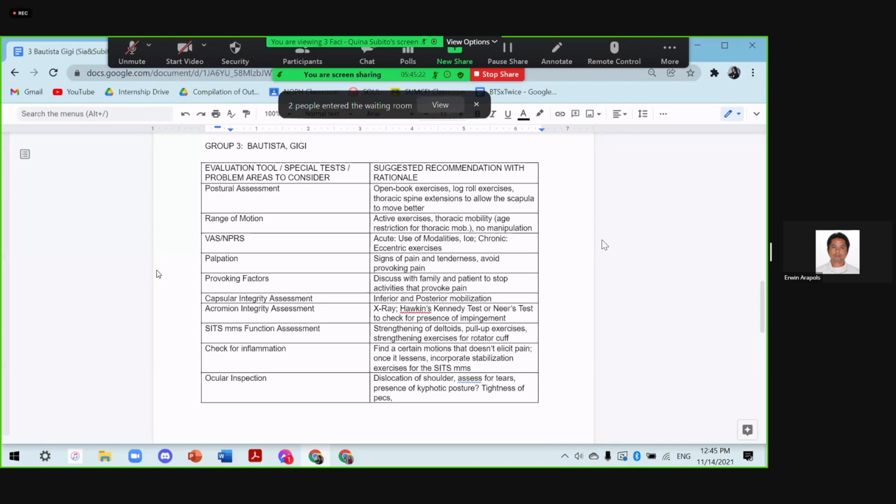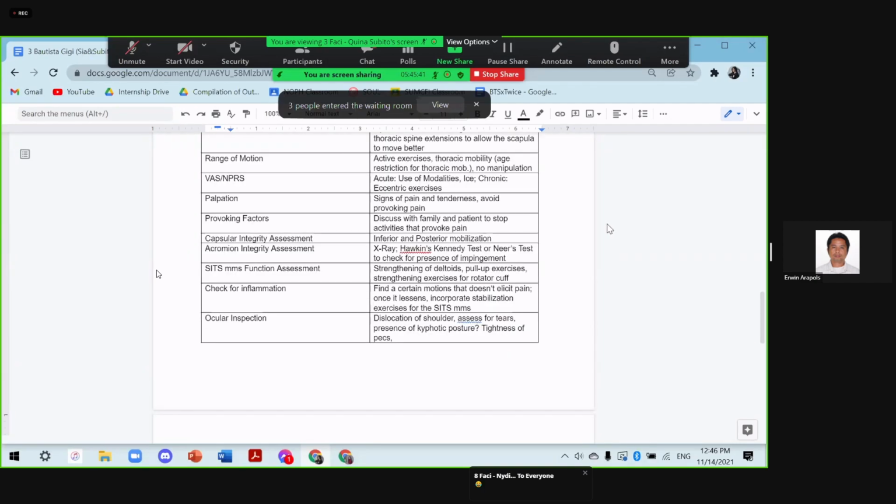For the range of motion, we will check for a painful arc at the shoulder. We check for mobility at the scapula and the cervical, thoracic, and lumbar spine. And we will do a visual analog pain scale. This is for our baseline assessment.